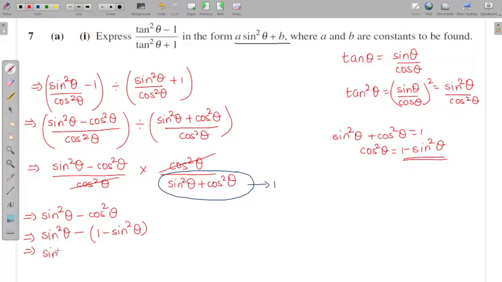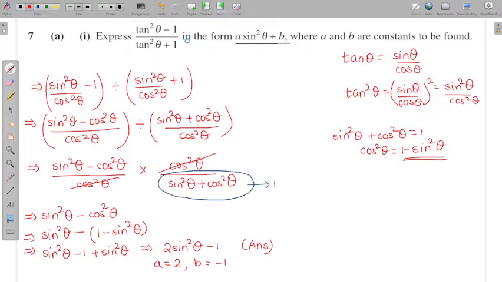It will be sine squared theta minus 1 plus sine squared theta. So see, we have sine squared theta plus sine squared theta, so that will become 2 sine squared theta minus 1. If we compare this answer with the form given, we can conclude that a will come to 2 and b is equal to minus 1. Okay, so this is your final answer for 7a part 1.